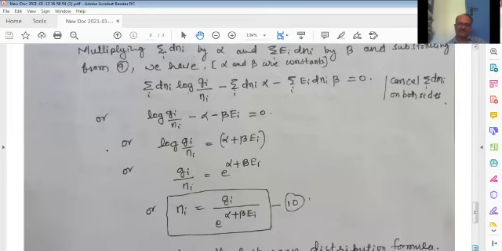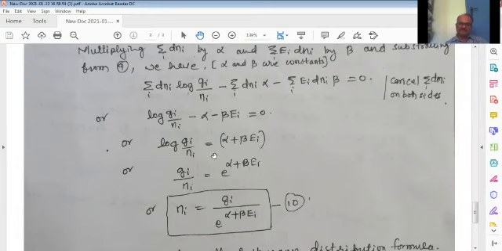Next, summation over i dNi is common, which is present in all the terms, so take it common and send it to the RHS, it becomes 0, and the remaining terms are log of Gi by Ni minus alpha minus beta Ei is equal to 0, or log of Gi by Ni is equal to, taking these two terms to the RHS, alpha plus beta Ei, or Gi by Ni is equal to e to the power alpha plus beta Ei, because we are removing the log on this side, the other side goes exponential.